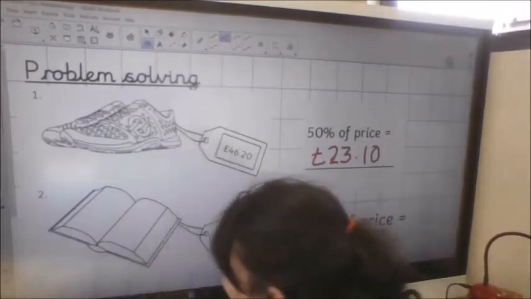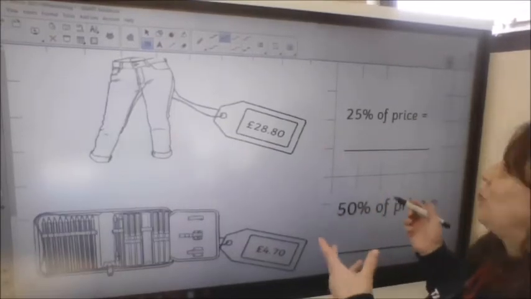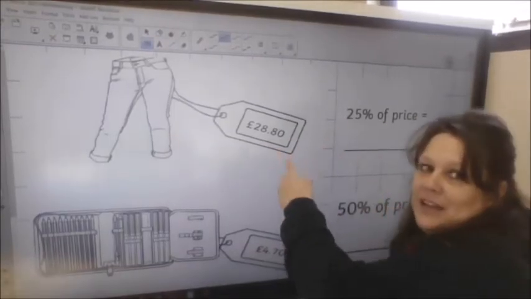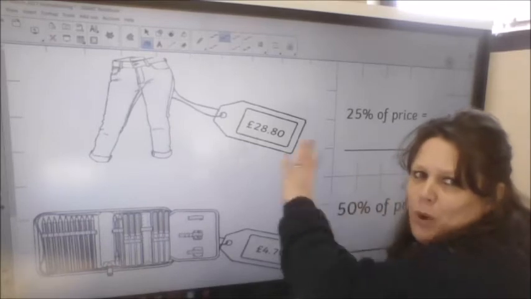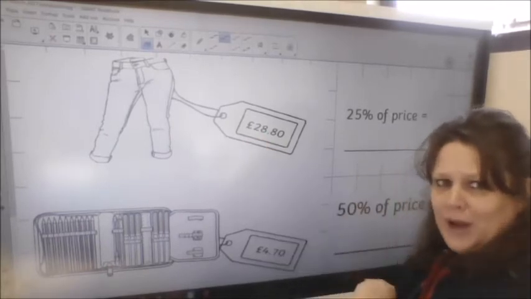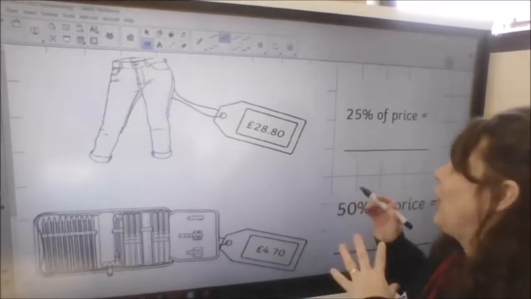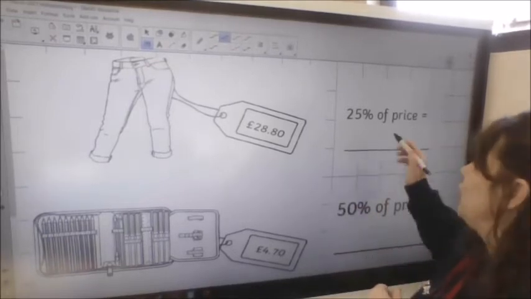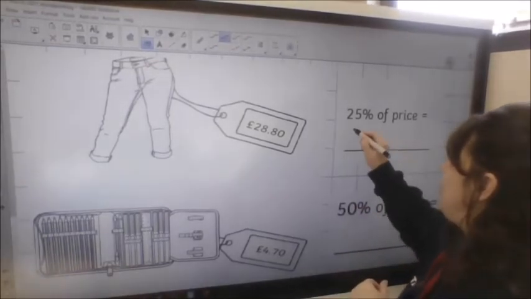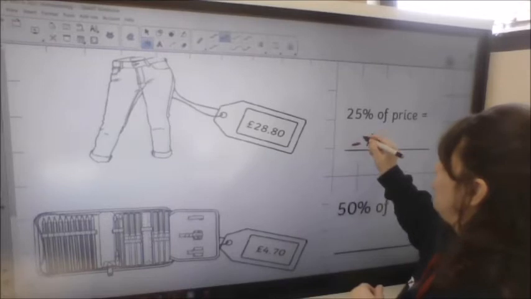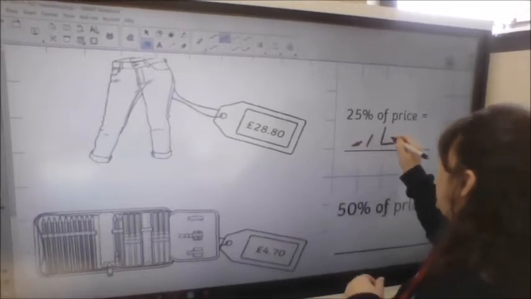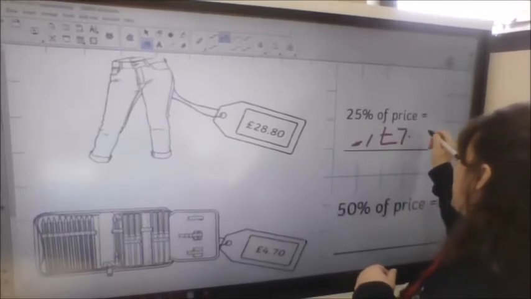Right, then the next one. You needed to work out what 25%, they're now going for 25% of the original price in this sale. So we're dividing by 4. So you should have got £7.20. Oh, doesn't want to write on the board. I'll try here. Yeah, £7.20.